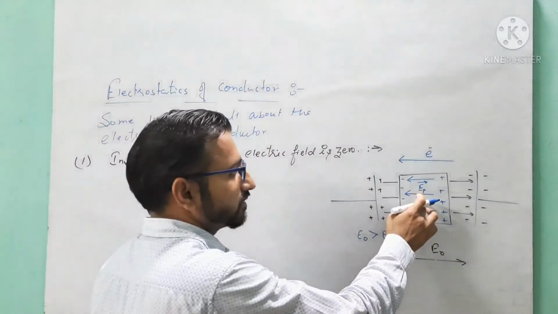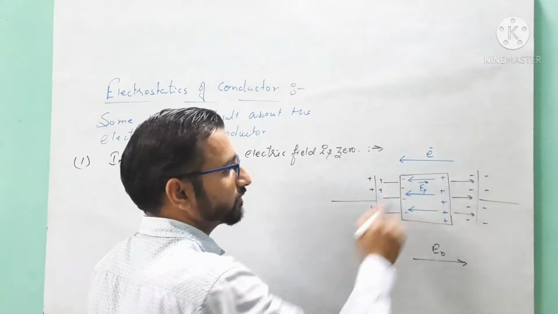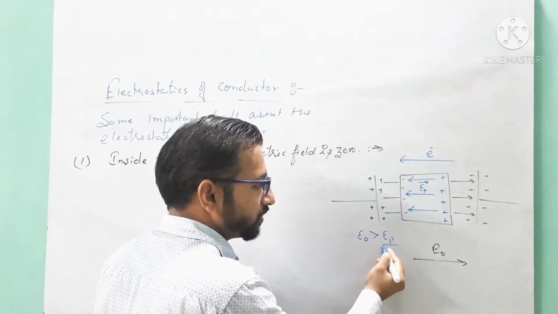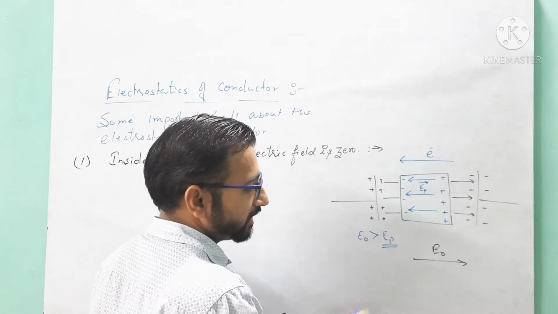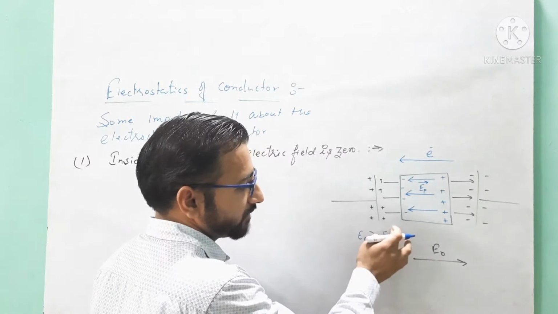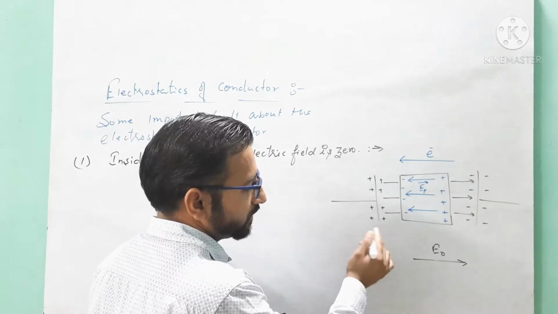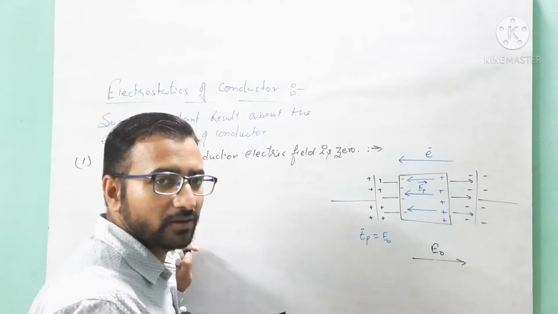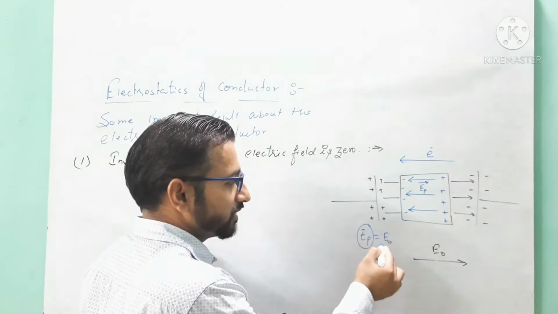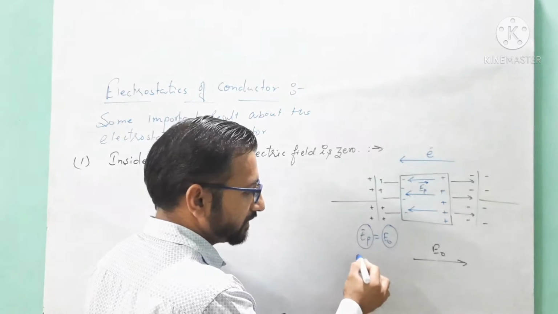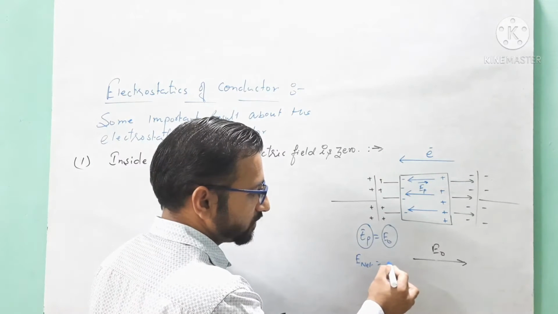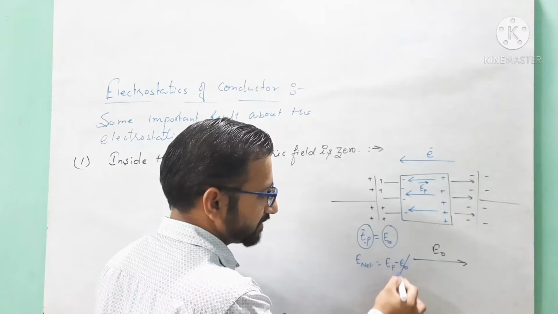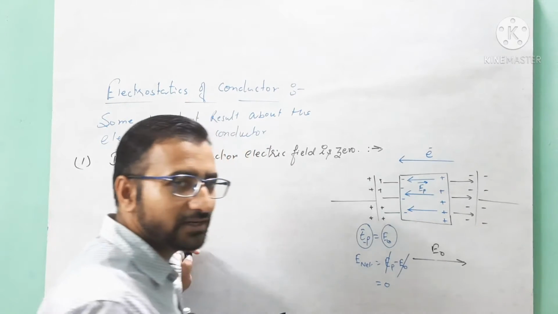As we can see the electron is moving from negative terminal to positive terminal, and the value of EP increases. When EP approaches the value of E0, when EP increases up to the value E0, we can say that E net is equal to E0 minus EP, and both are equal, so the net electric field inside the conductor is 0.